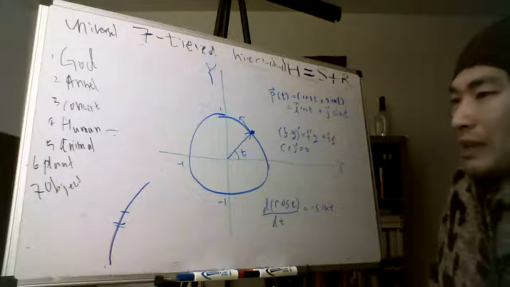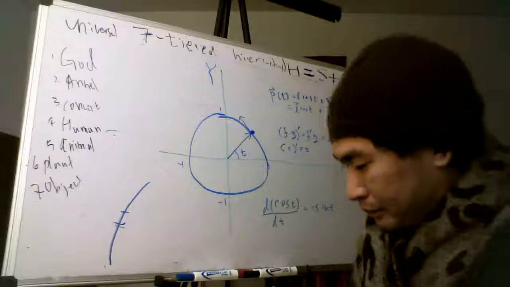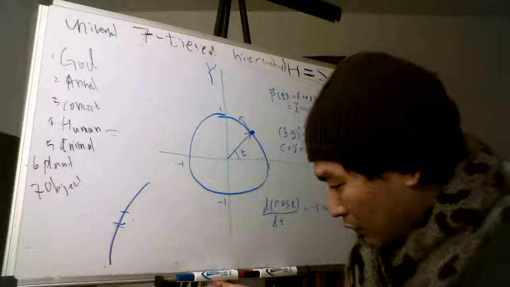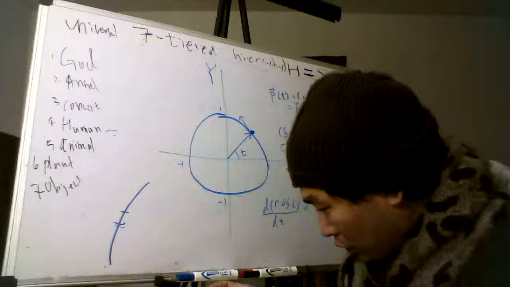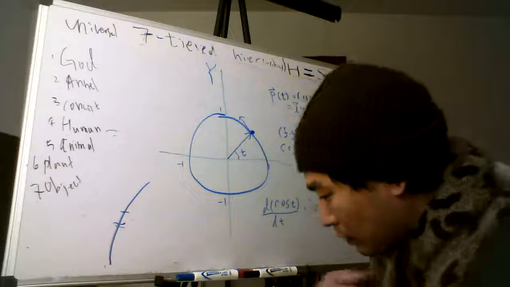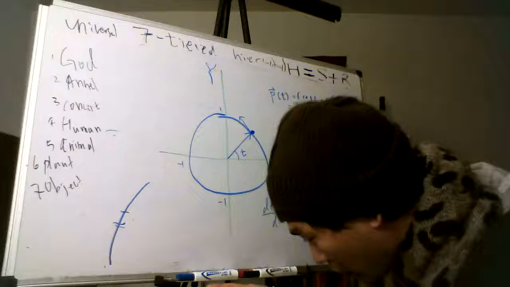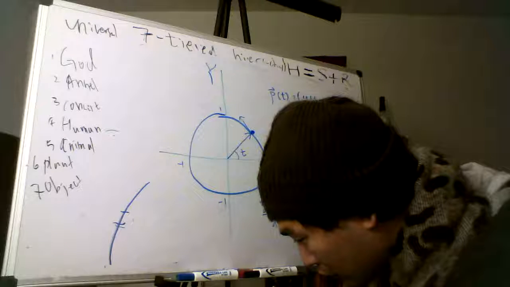Well, maybe it's not as much Taylor expansion, but maybe it's some trigonometric identity, I guess. What is cosine a plus b? Let's look it up real quick. It can't be that difficult.